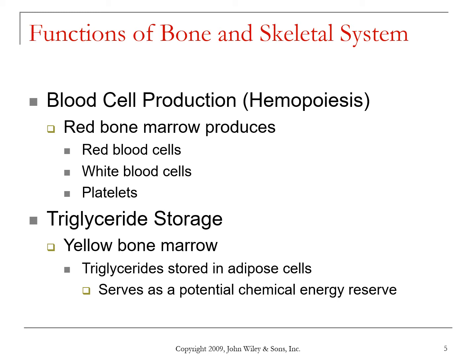In the head of the femur, the head of the humerus, or the proximal epiphyses of those bones, as well as in the sternum, in the vertebrae, in the coccyx or pelvic bones, as well as the flat bones of the skull. Depending on which textbook you read, you might also read that red bone marrow is still present in the ribs as well.